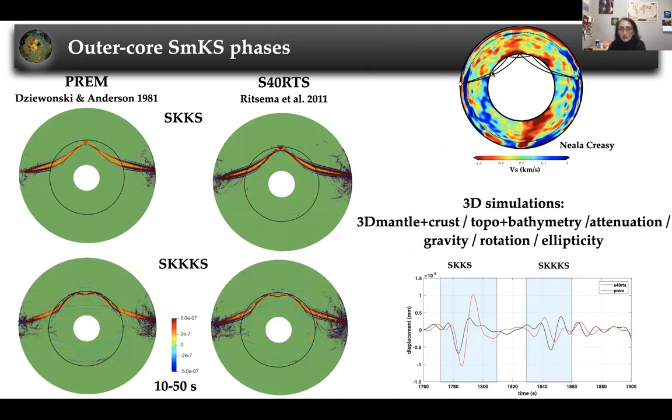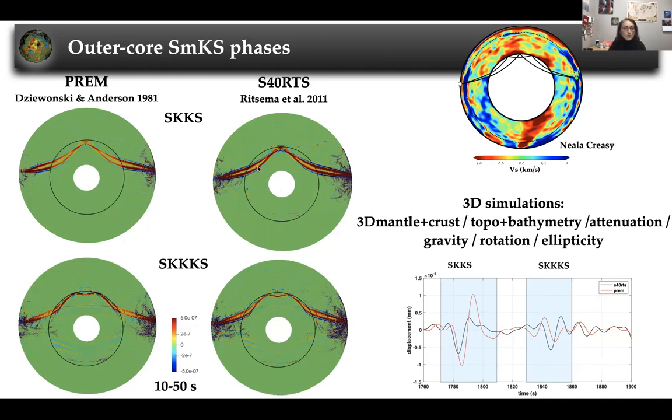And this is another illustration where you see the sensitivity of an SKKS and SKKKS phase. SKKS bounces back from the other side of the core mantle boundary twice. SKKKS bounces three times. This is a sensitivity kernel computed using the PREM model for this SKKS phase, and this is the S3KS. But in this case, we used a 3D mantle model. The shape of the kernels remains the same.